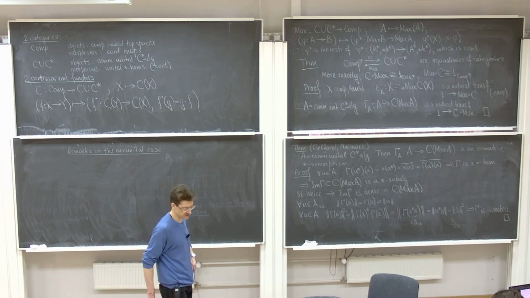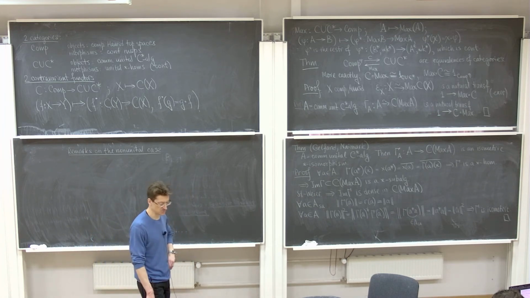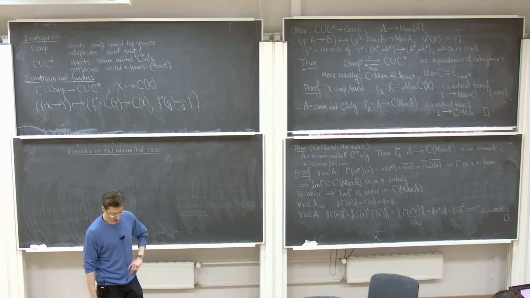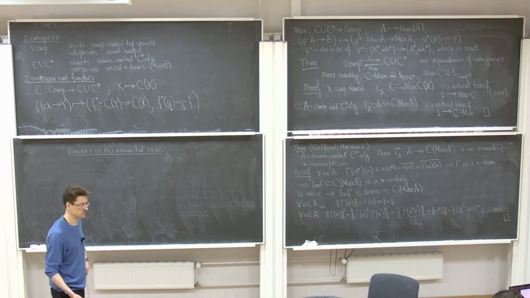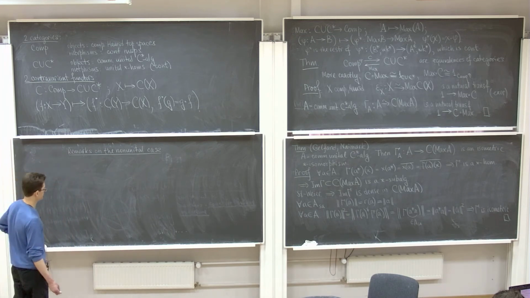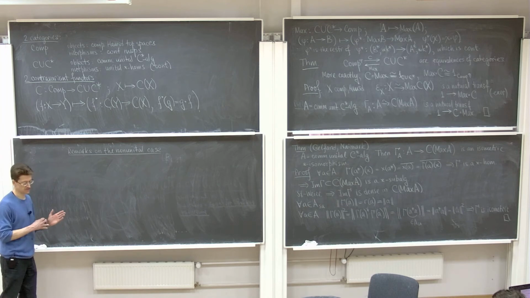And on the other hand, there are several important constructions in C-star algebra theory, such as stabilizations, suspensions, and so on, which play an essential role in K-theory and which always produce non-unital algebras. So there are many reasons to consider non-unital algebras.